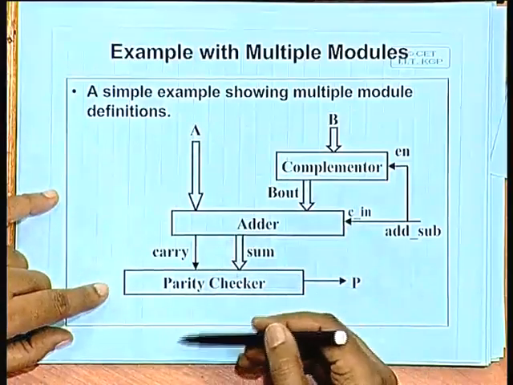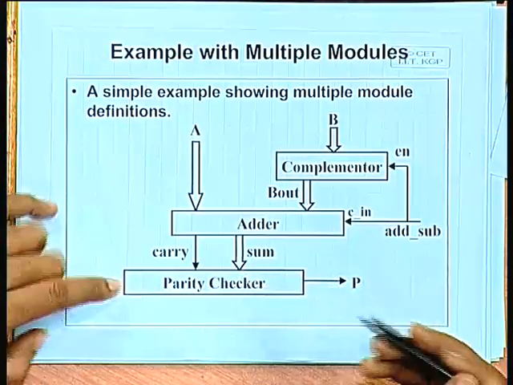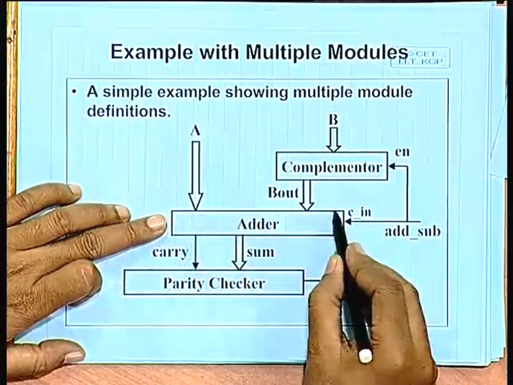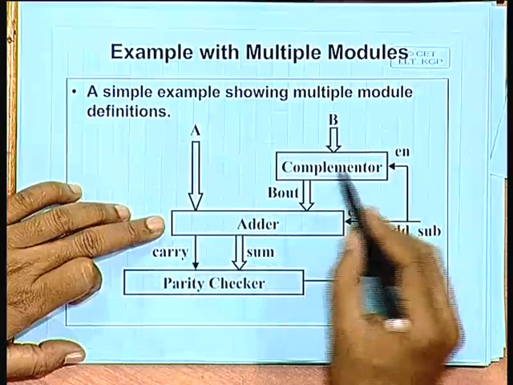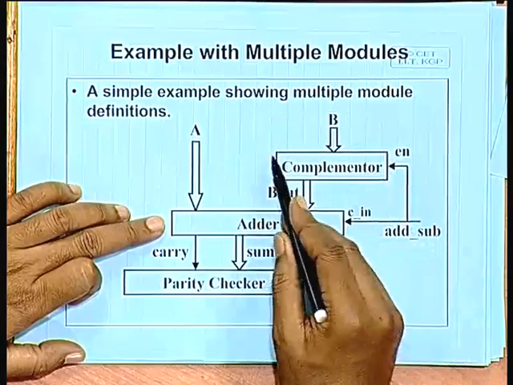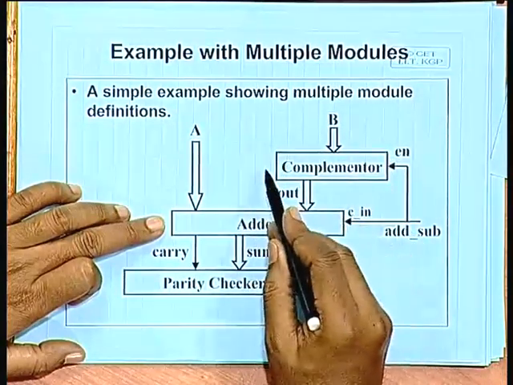So, naturally we can partition the design into 3 parts. We need both addition and subtraction, so we will be using an adder and a complementer in case we need to do the subtraction.